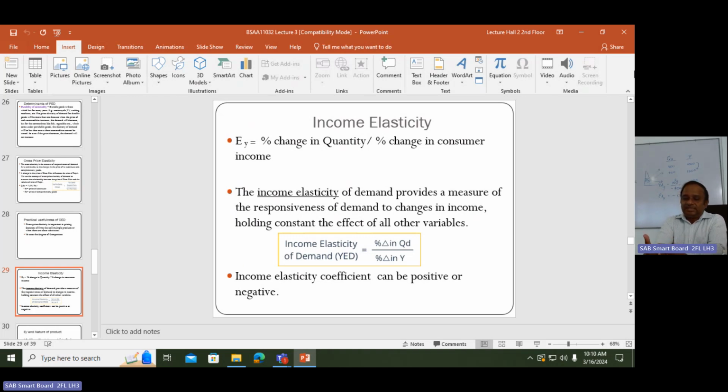Now there will be an MCQ test at the mid of this course. I think I put it in the lecture plan. These very first topics will be covered in the MCQ test.